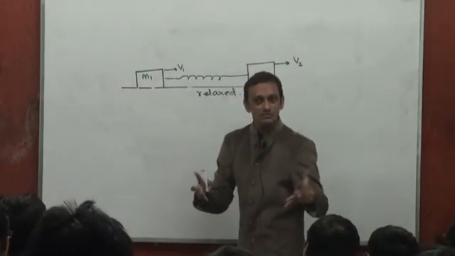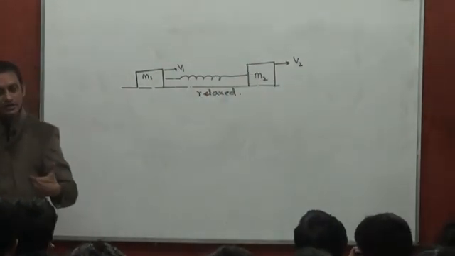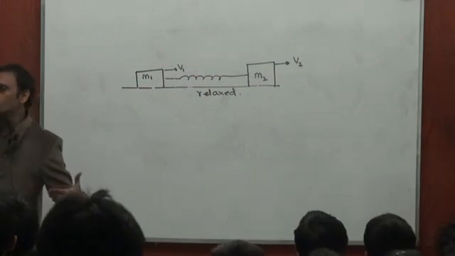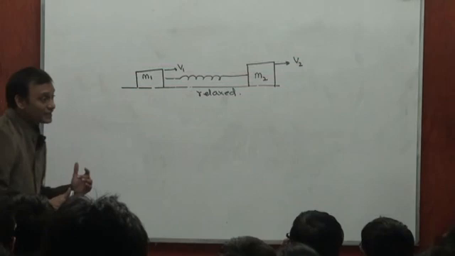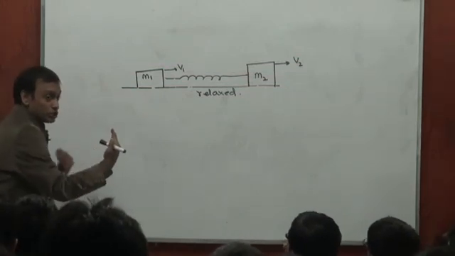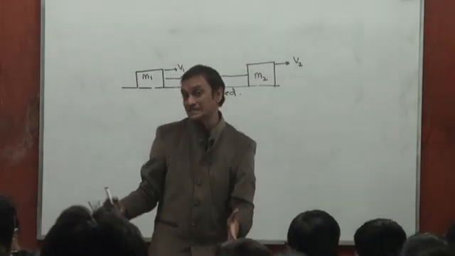It deforms, right? In a state of maximum deformation of the spring, their velocities must be the same. The velocities of m1 and m2 would be the same. This is what I told you in my last class. In a state of maximum compression or maximum elongation, the velocities of m1 and m2 would have to be the same.